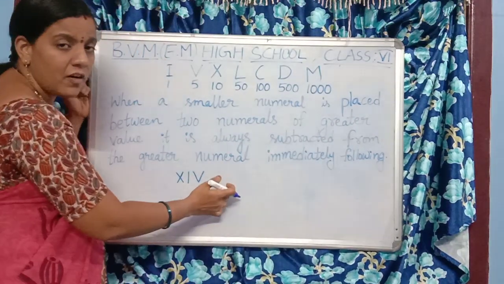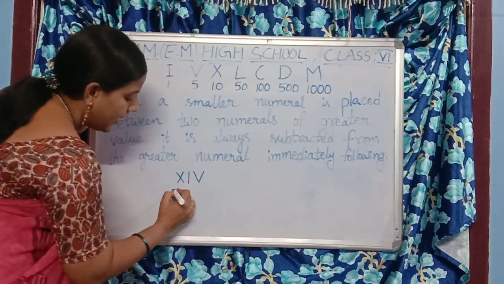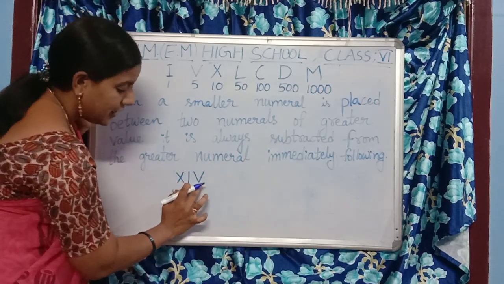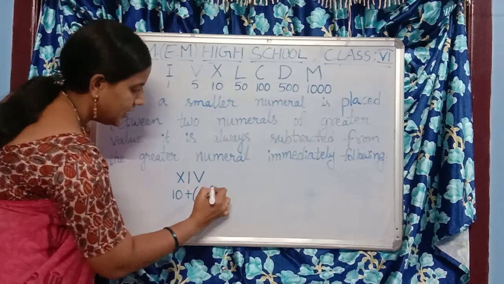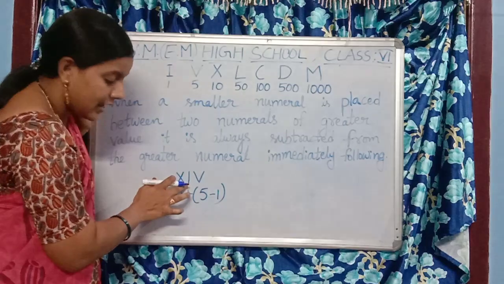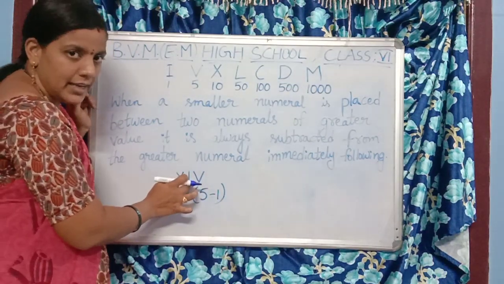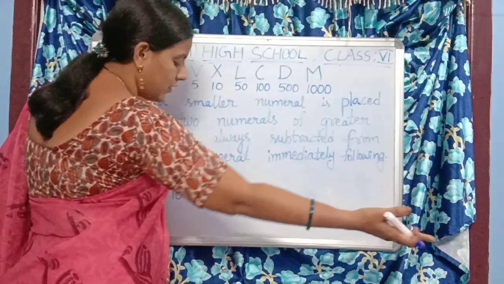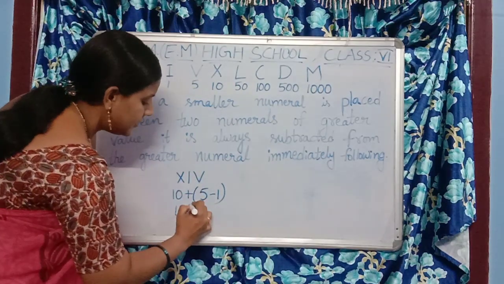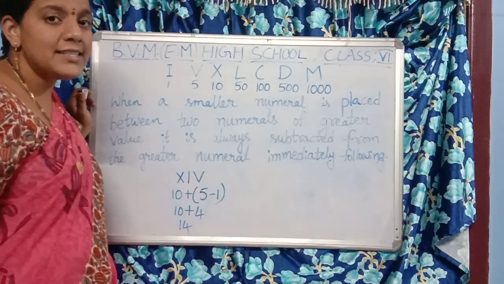X represents 10, and V means 5. I is subtracted from V. 10 plus 5 minus 1, 10 plus 4. This is 14.